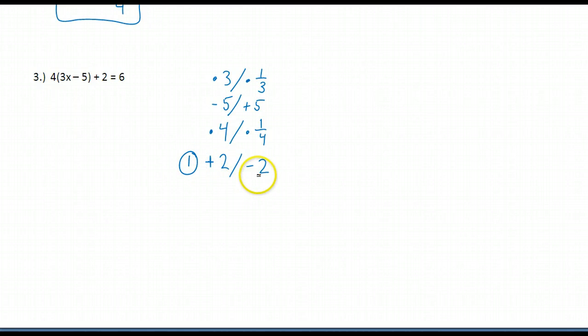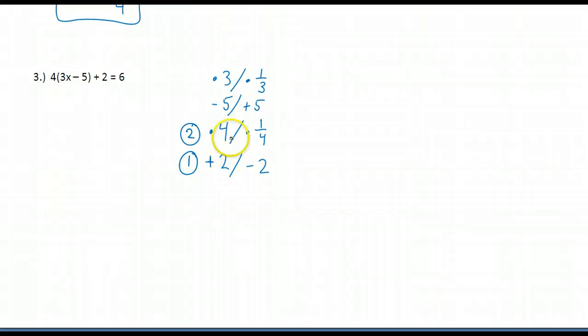Now the next level up in the order of operations is multiplication and division. So if I look, I should multiply by 3, or undo the multiplication by 3 by multiplying by 1/3. But this multiplication again is inside of a grouping symbol, which means I want to do this last in the order of operations. So I need to take care of this plus 2 and times 4, times 1/4.